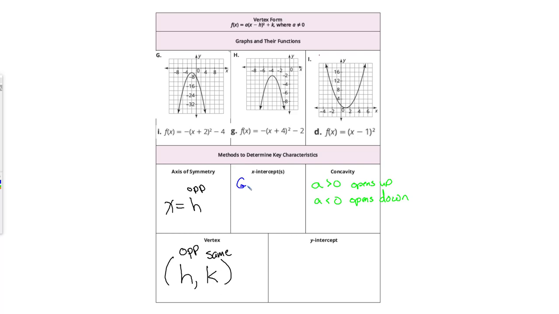you could graph it, just like we were saying earlier. This time we'll have to multiply, so we'll use that box first to multiply. Then you're going to have to do factoring with the box. Or you could use the quadratic formula.